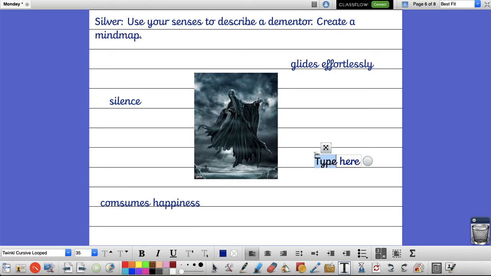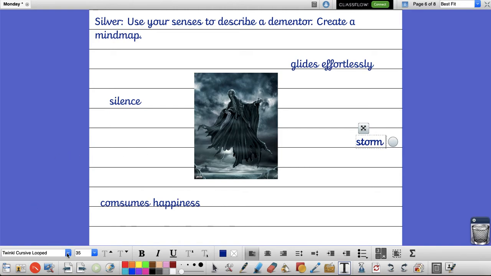And another word I'm going to put down is the word storm, because it creates storms around it. Okay, you obviously add more to yours and you can think of lots of different things. Use the thesaurus to help you. Go online, use the videos from the previous page as well to write things about a Dementor.